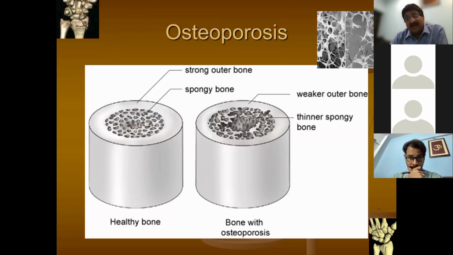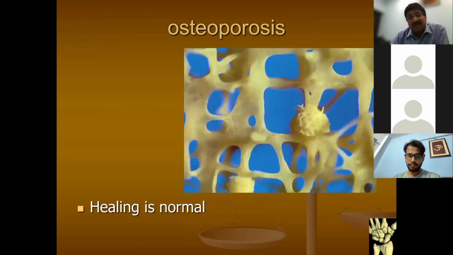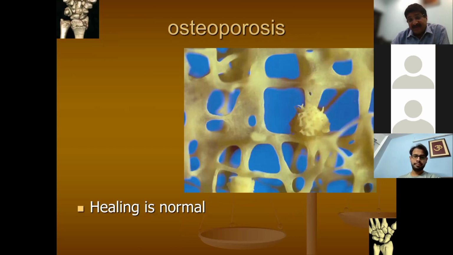I'll just discuss something about osteoporosis. In osteoporosis, bone is weaker, the mineralized bone is less, so there are more demineralized portions. But do we think that healing is slower in osteoporosis? No, it is not slower. The healing is at the normal rate.